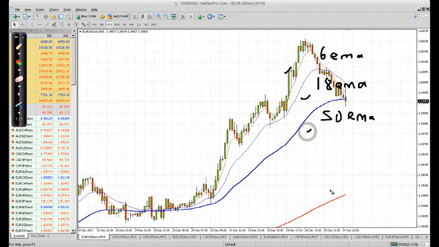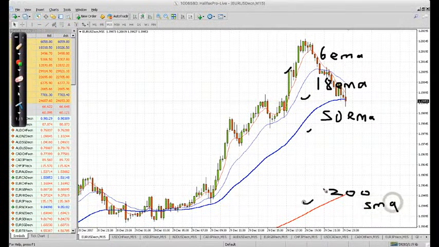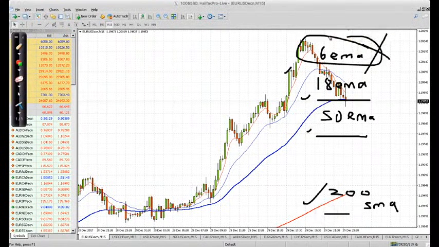And finally, I've got the 200 simple moving average, which is the red line. Now, for this advanced course, I'll be focusing mainly on the 18, the 50, and the 200. I will not be looking at the 6 moving average very much. That is used for the impulse pullback and impulse pin bar strategy.